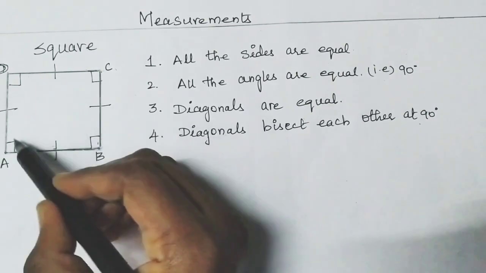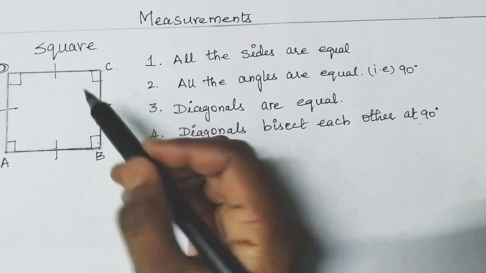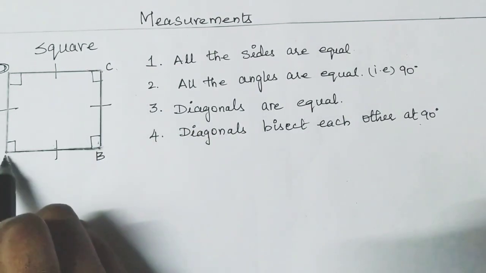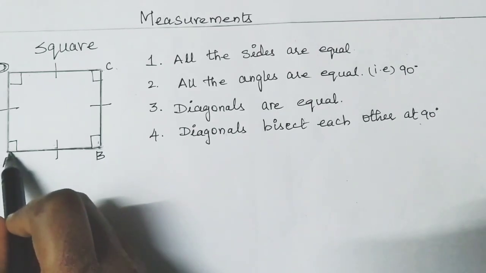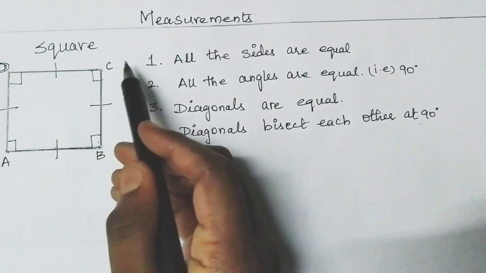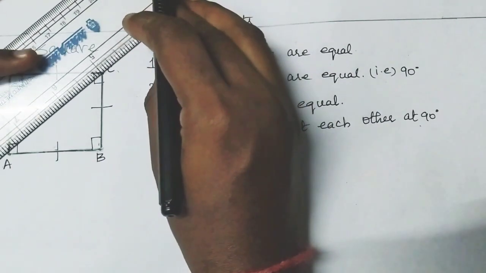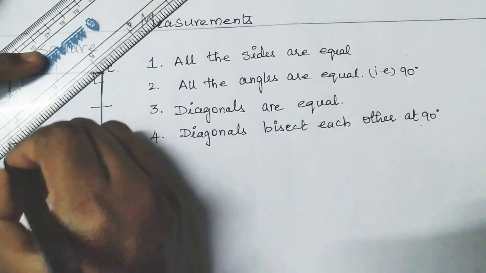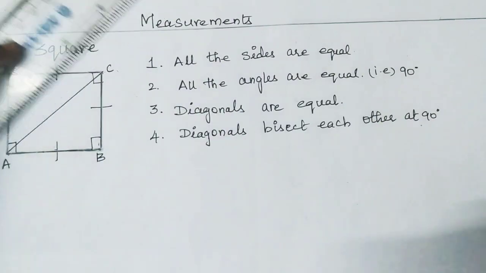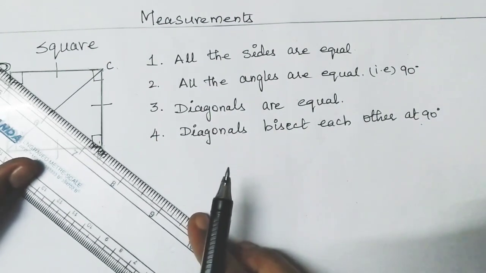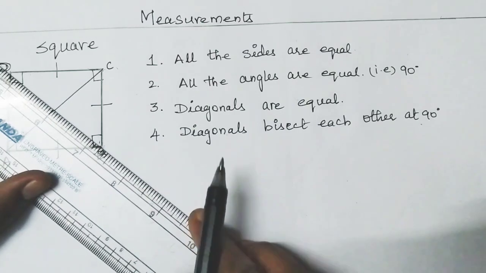Diagonal is a line segment joining alternative vertices. A is a vertex and the alternative vertex of A, that is the opposite vertex of A, is C. So this is the diagonal, a line segment joining opposite vertices. AC is one of the diagonals and BD is the other diagonal.